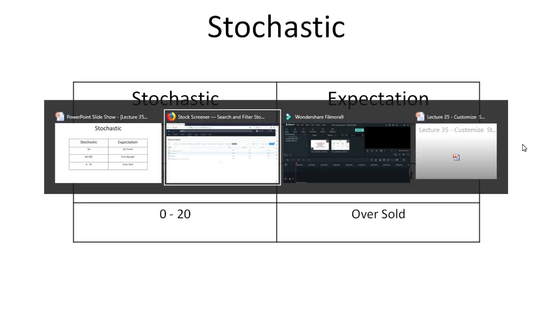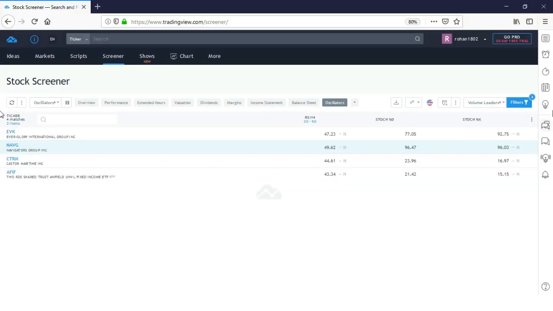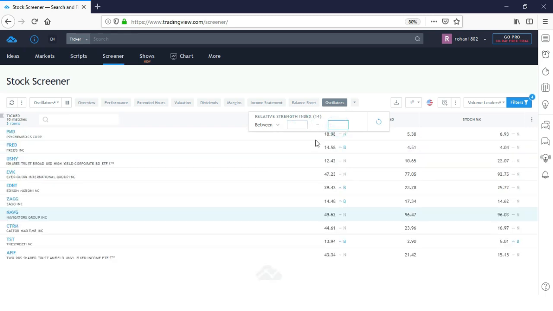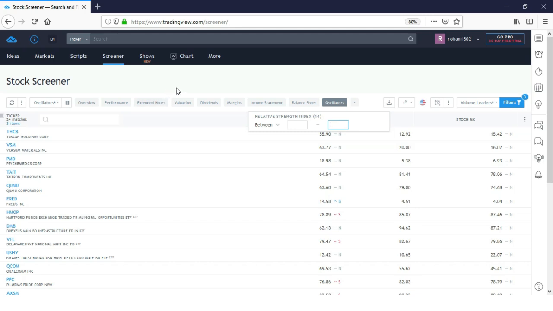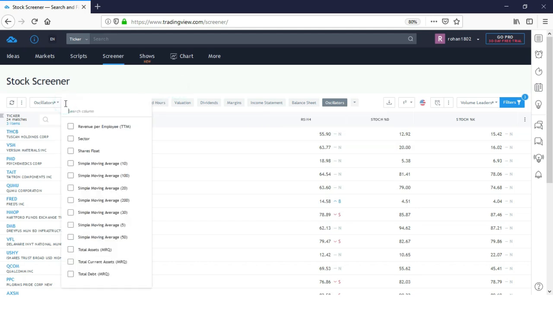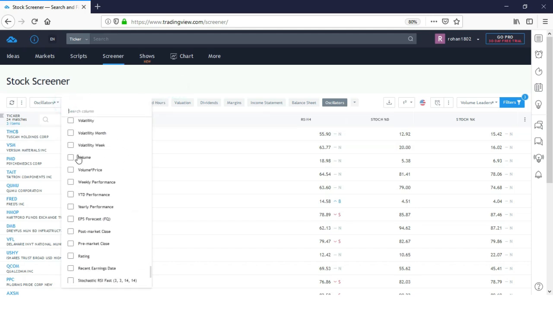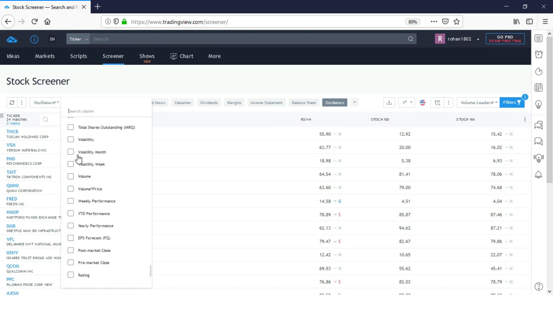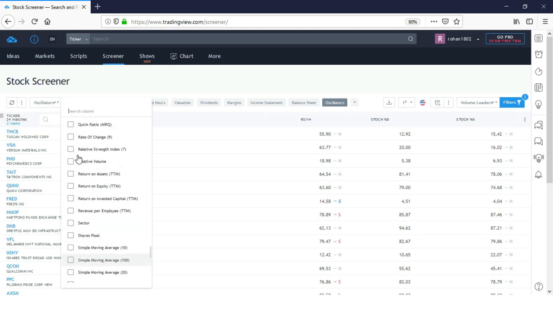So now we can apply it to the normal filtration. We can just change that level. We don't want RSI right now, so we just click over here and deselect the RSI parameters.